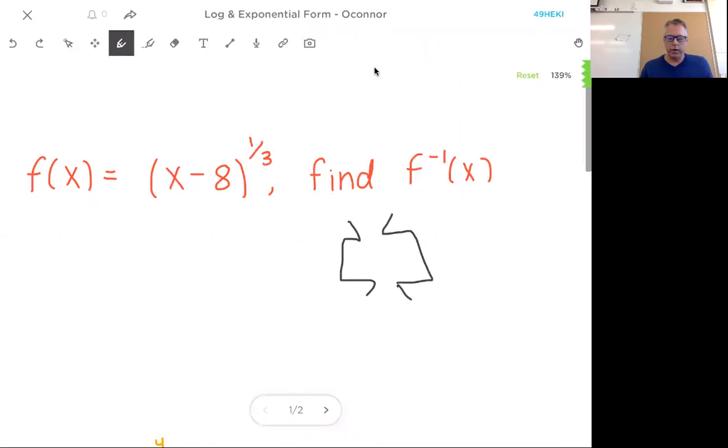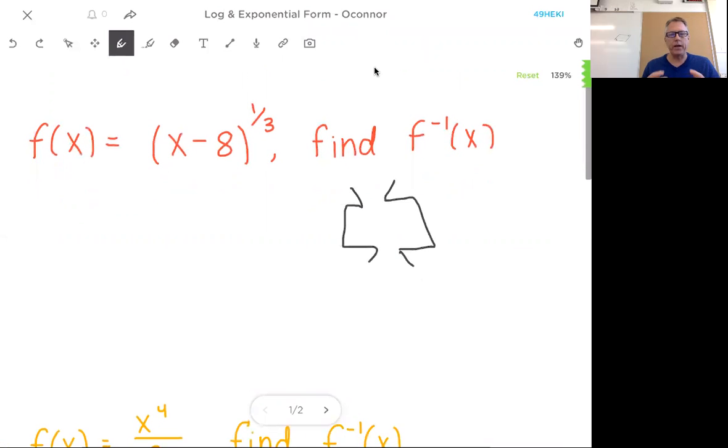I guess I'm thinking here. If I were to plug in a number, say the number 50, which I just made up, into this function, the first thing I would do is subtract 8 and then take that to the 1/3 power.